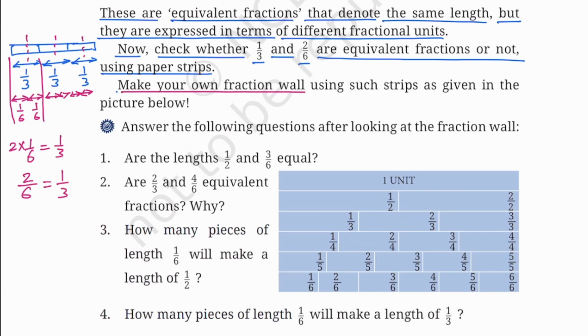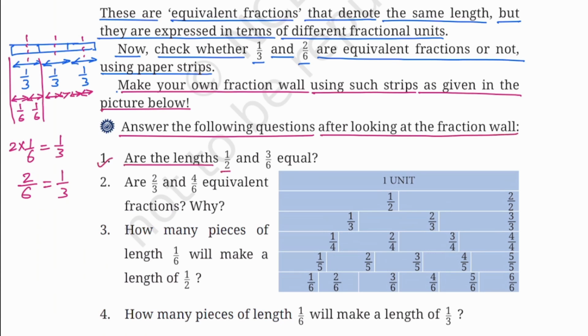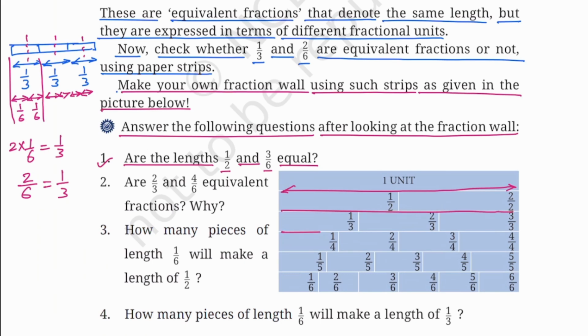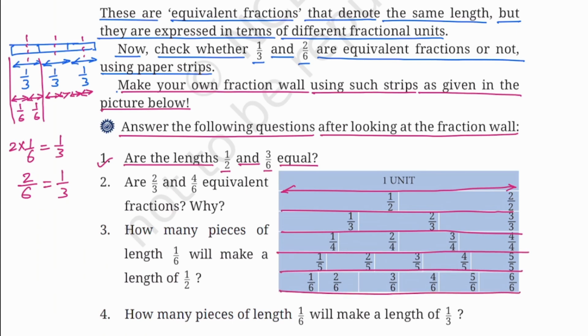Make your own fraction wall using such strips as given in the picture below. Answer the following questions after looking at the fraction wall. 1. Are the lengths 1 upon 2 and 3 upon 6 equal? You can see a unit length has been split in half, then 1/3, then 1/4, then 1/5 and 1/6 like this.